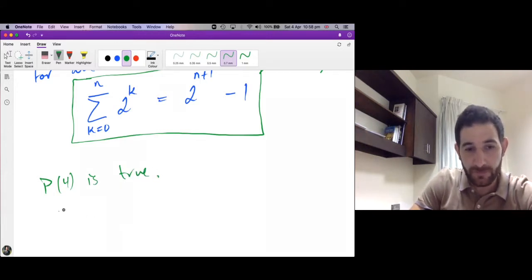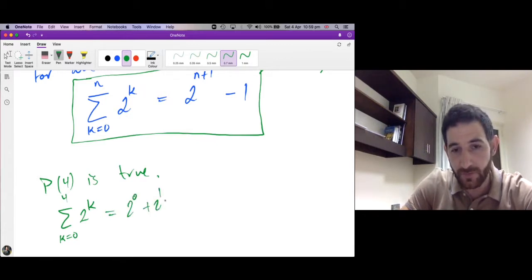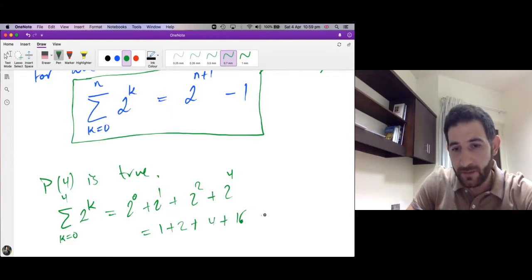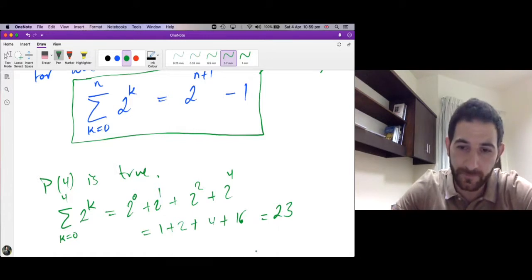That if you sum the powers of 2 from 0 to 4, you have to get the fifth power of 2 minus 1. So what is this summation? This is 2 to the 0 plus 2 to the 1, 2 to the 2, and you stop at 2 to the 4. And this is 1 plus 2 plus 4 plus 16.